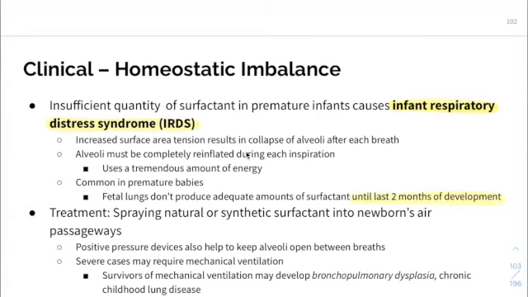So that's where natural or synthetic surfactant can be used in the airways to help these babies' alveoli maintain their shape so it's easier for them to breathe.